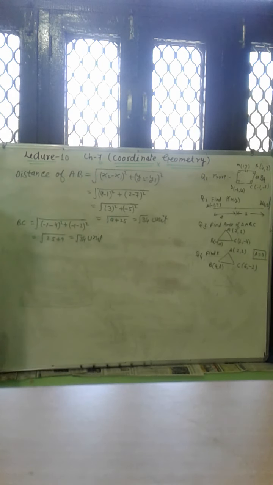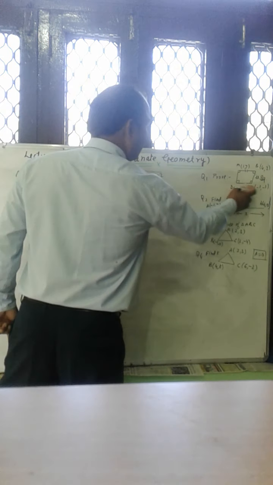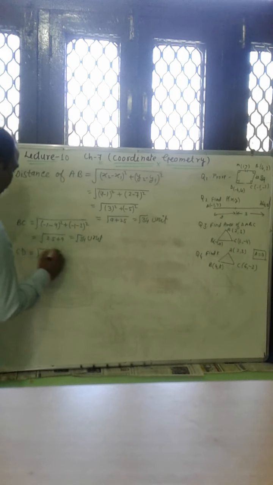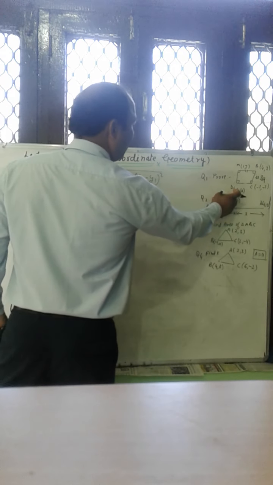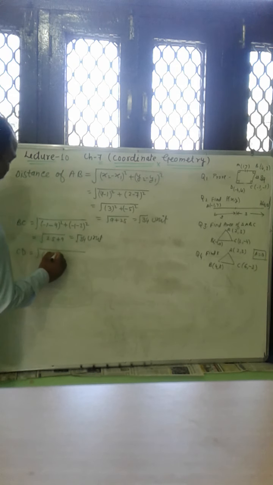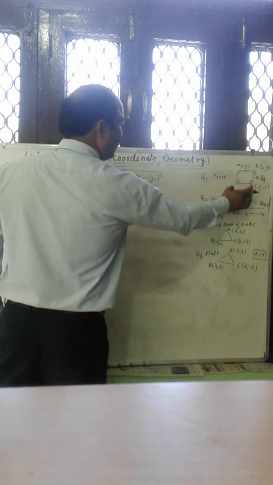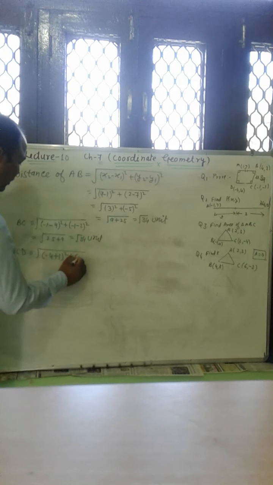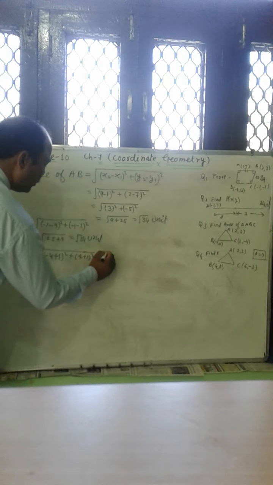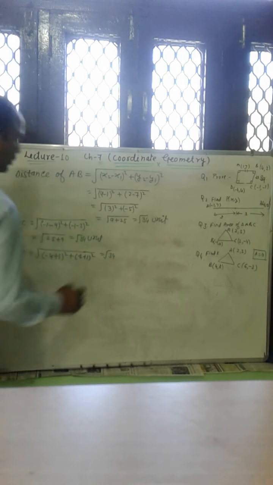Now CD equals root of (minus 4 plus 1) squared plus (4 plus 1) squared. This is also root 34.